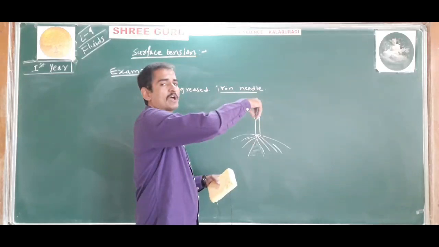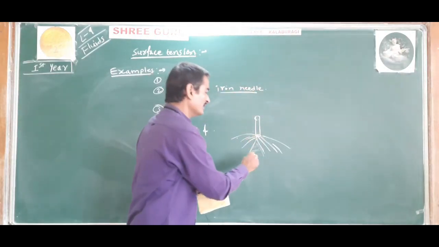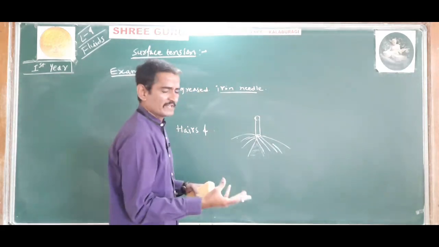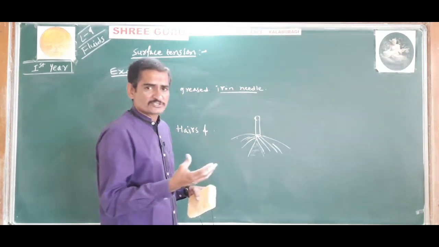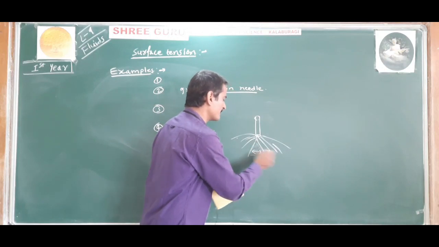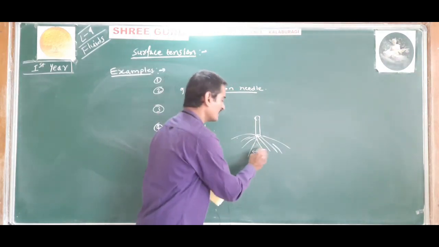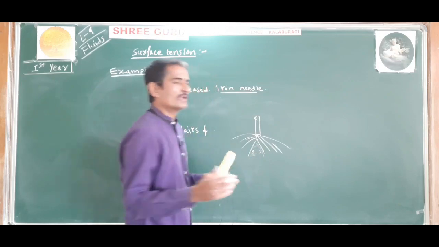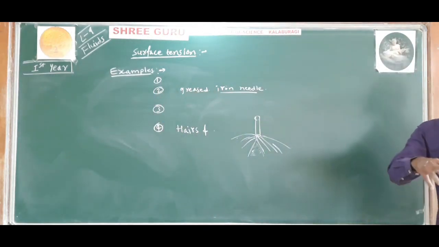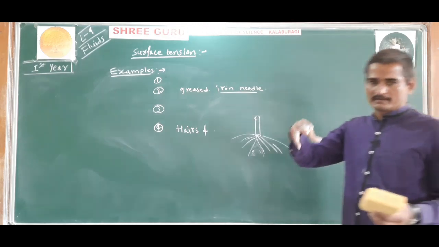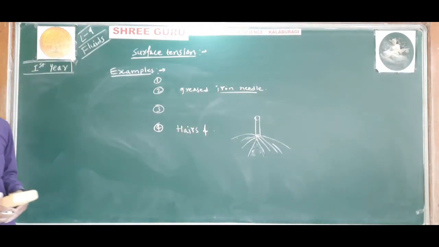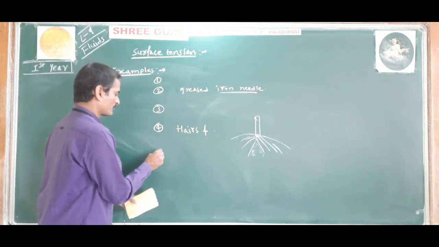This elastic water surface will have a tendency to occupy minimum surface area. Hence, this elastic membrane, that is the water surface, will attract the hairs of the brush, and as a result they will stick together. So this can be explained like this. Understood?